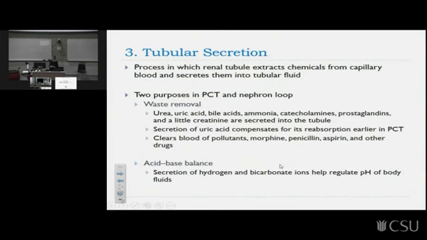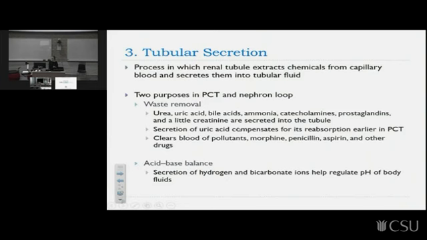So in waste removal, this includes urea, uric acid, bile acids, ammonia, catecholamines, prostaglandins, and a little creatinine, which are secreted into the tubule. Secretion of uric acid compensates for reabsorption earlier in the proximal convoluted tubule.